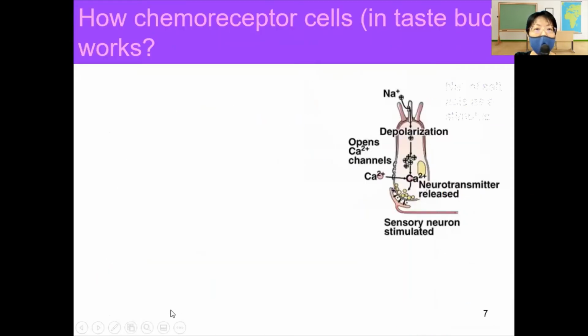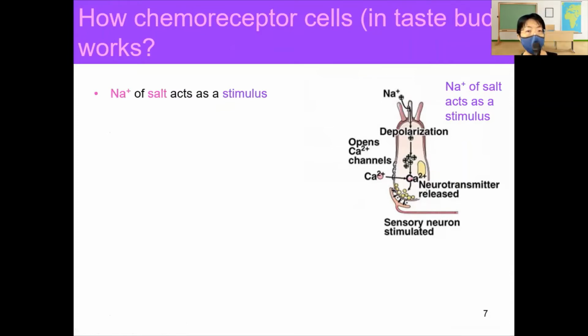So on the right side, this is a chemoreceptor cell, one chemoreceptor cell in the taste bud. Let's say, for example, we want to detect the salts in our food.